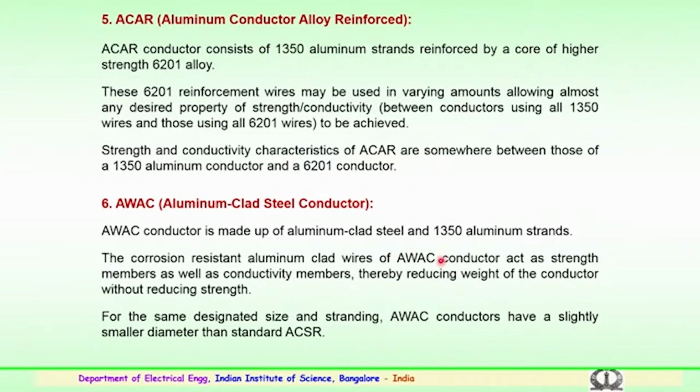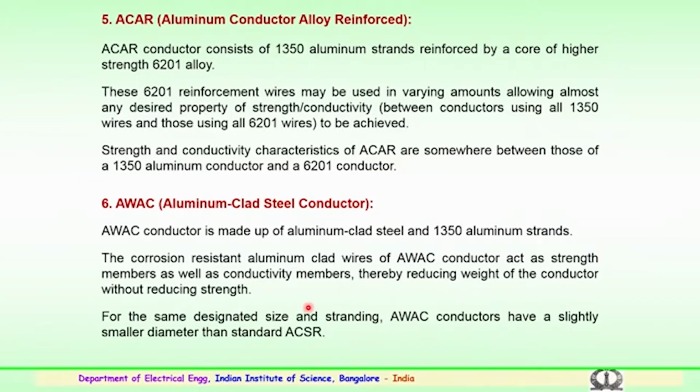The sixth is aluminum clad steel conductor, AWAC. AWAC is made up of aluminum clad steel and 1350 aluminum alloy strands. The corrosion resistant aluminum clad wires of AWAC conductor act as strength members as well as conductivity members.